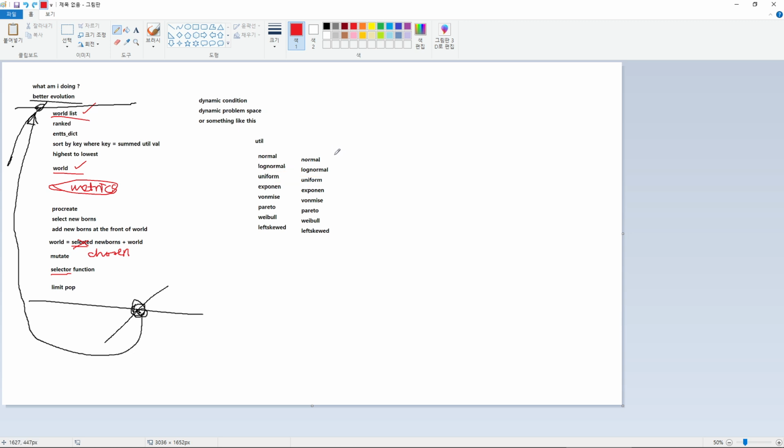I know they are sampled separately, but still I already have these. So what I wanted to do was again get all the products of these. So it would be normal, log normal, uniform, normal exponent, exponential, normal von Mises. So that's 8 of them, and that's 8 of them. And we do the math, and then it's 64 of them.